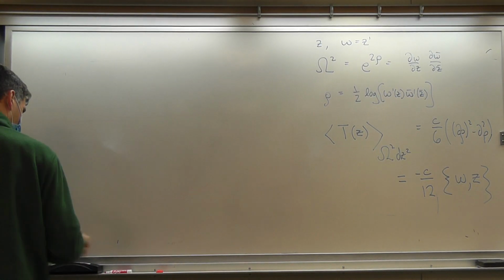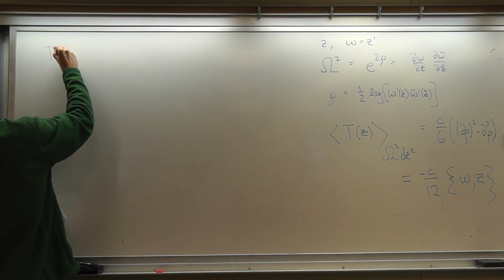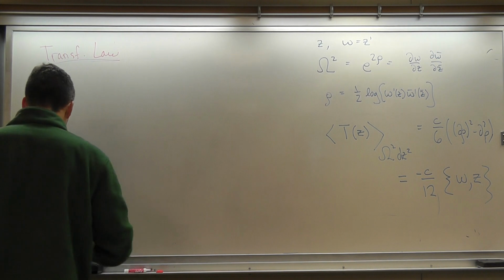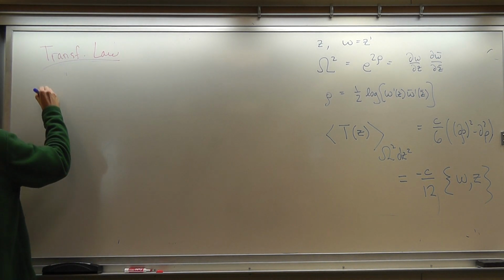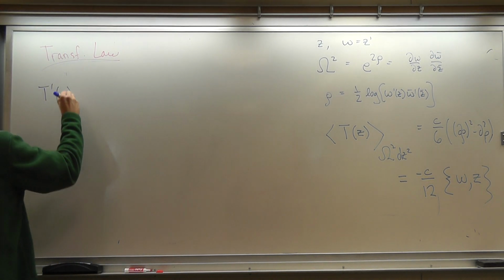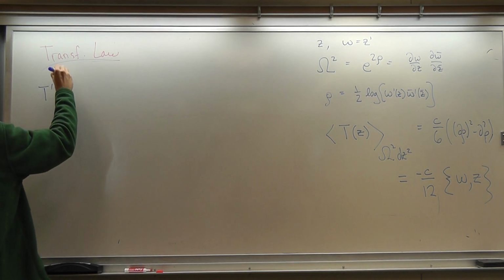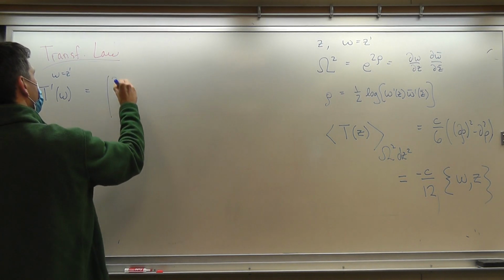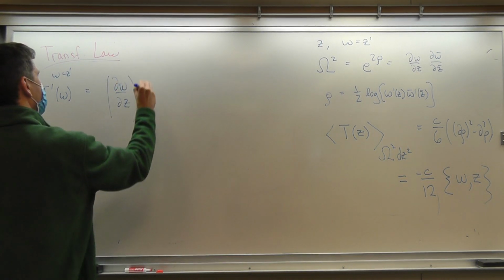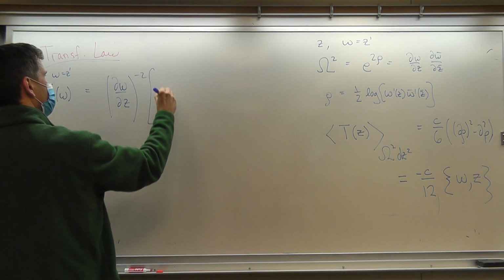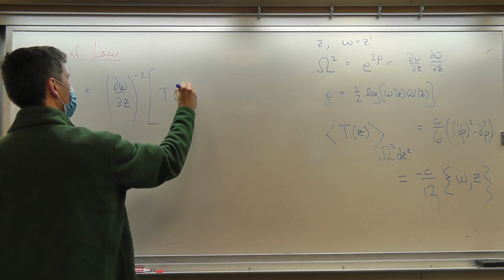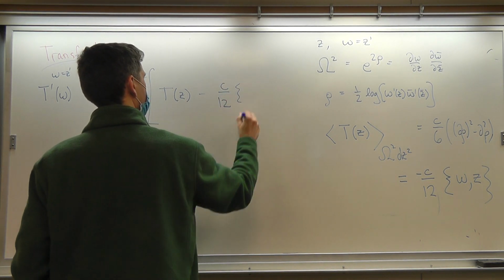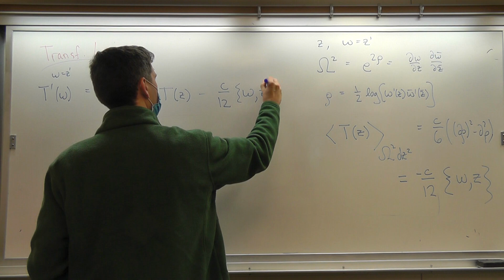And we get the transformation law. T prime of w, for w equals z prime, is dw dz to the -2 times T of z minus c over 12 times the Schwarzian derivative w comma z.